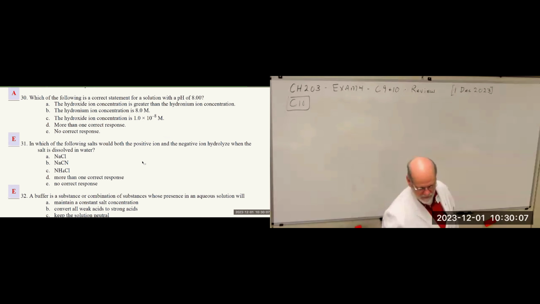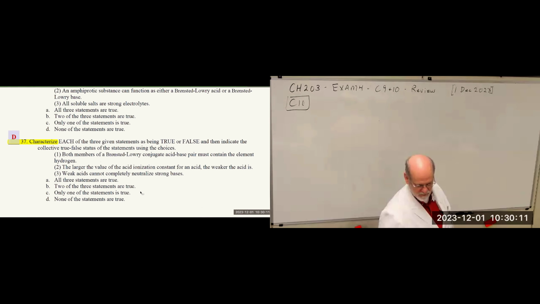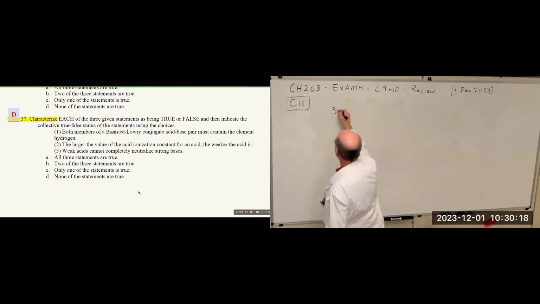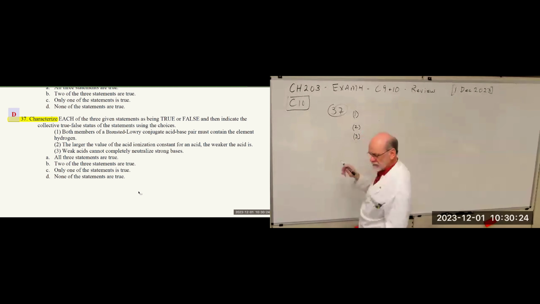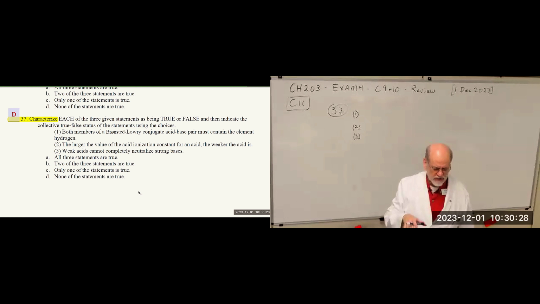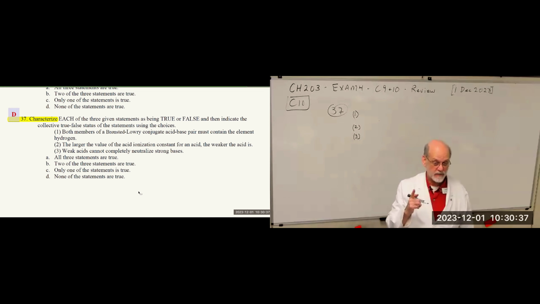All right. So we'll skip a few. Oh, okay. So we have to look at 37. 1, 2, and 3. First statement: both members of a Bronsted-Lowry conjugate acid-base pair must contain the element hydrogen. Not necessarily. Suppose the acid only has one hydrogen to lose.